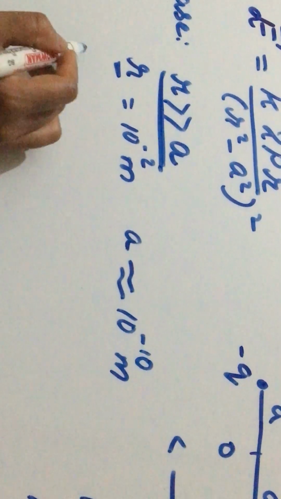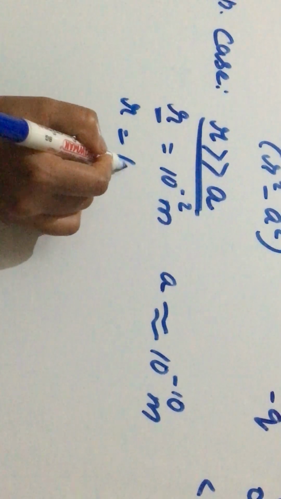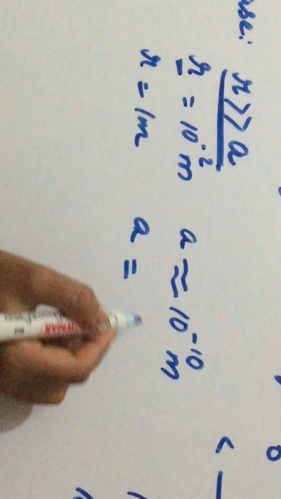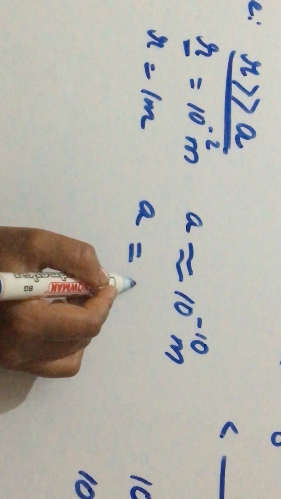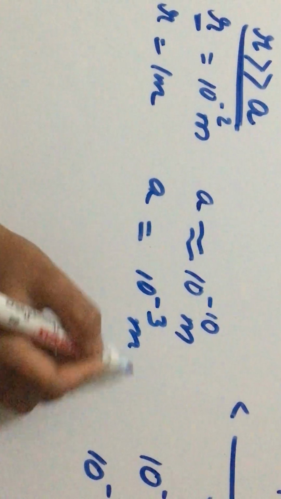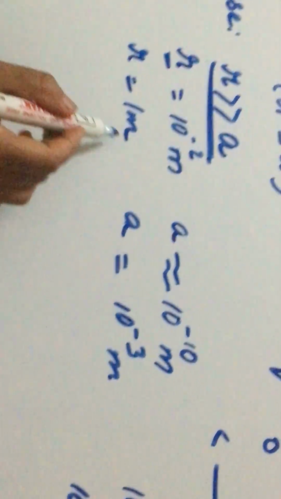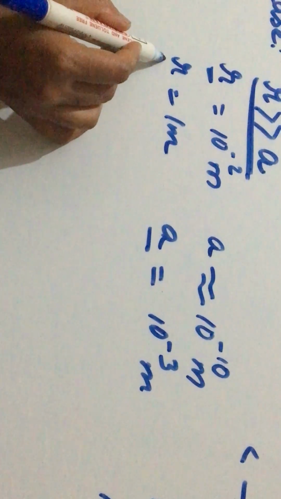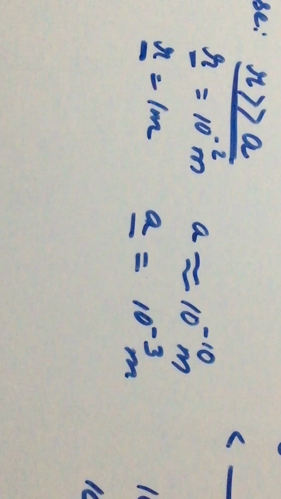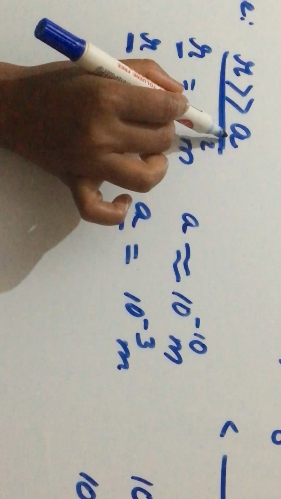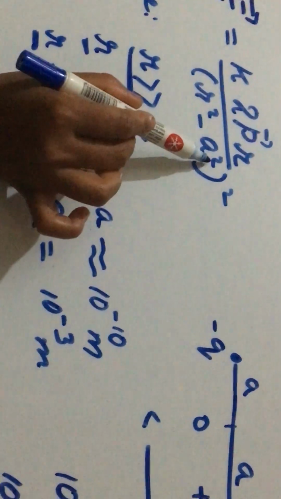So this is the most general case. Like if r is 1 meter and a is of the order of, let's say, a millimeter, 10 to the power minus 3 meter, then compared to a, r is much larger. So if r is large enough compared to a, then a square will be further small.